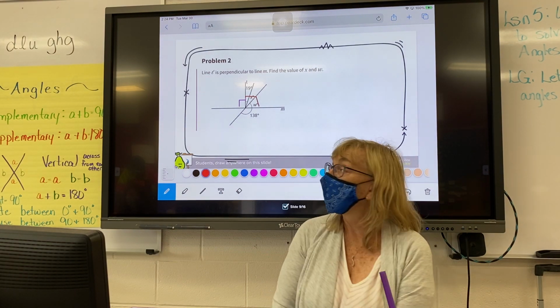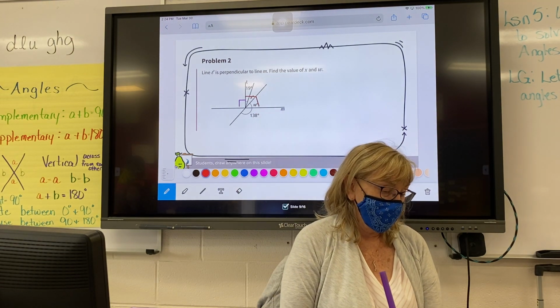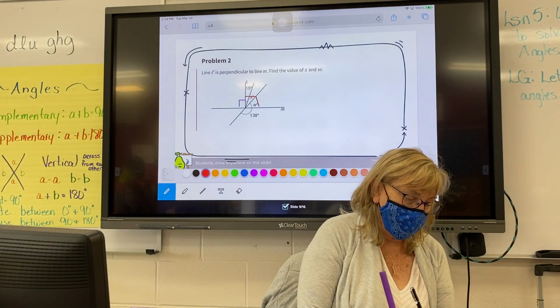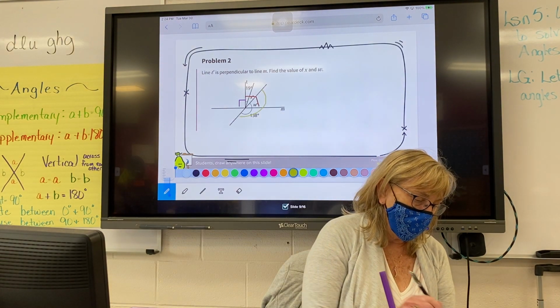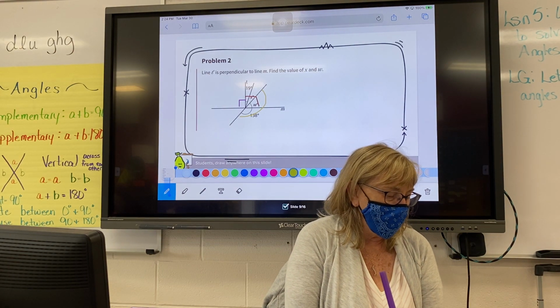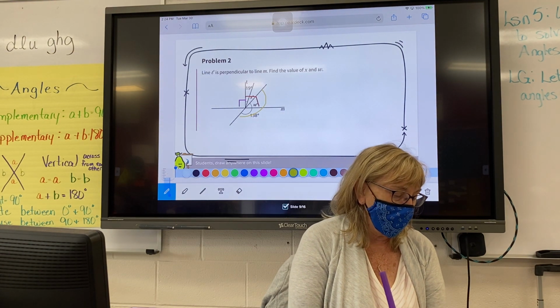What do we know about W and the 138? They both equal 180, right. These are what kind of angles? Supplementary angles, okay? So could we say W plus 138 equals 180? All right, solve it and tell me what W is.